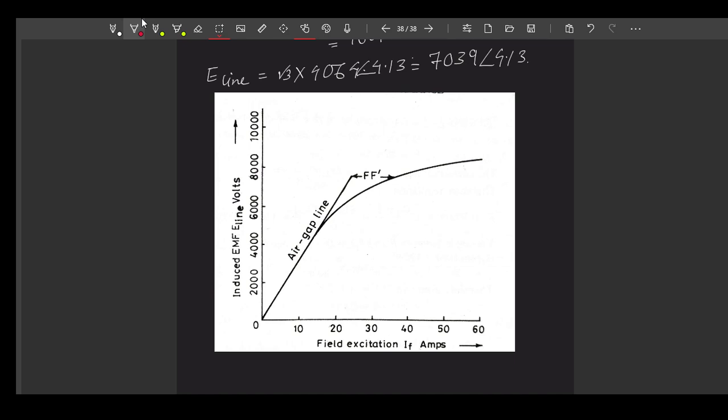What we can figure out from this curve, for this value 7039 volt, 7039 means let us consider it as 7000, so it will be somewhere.